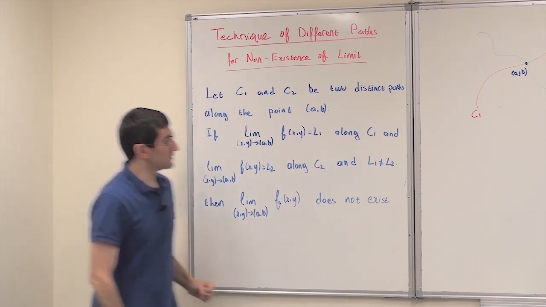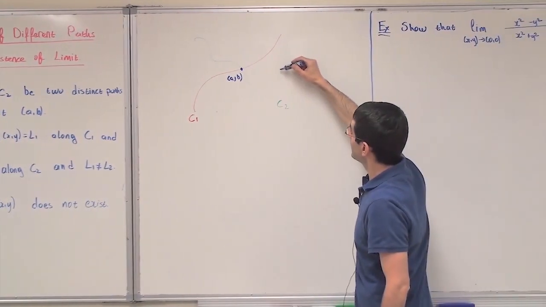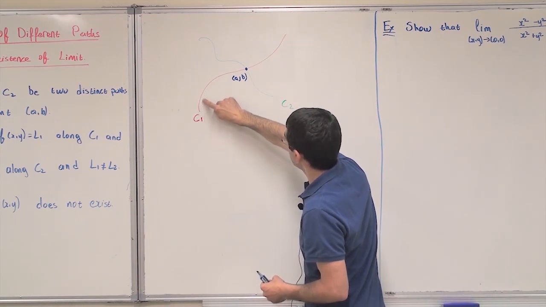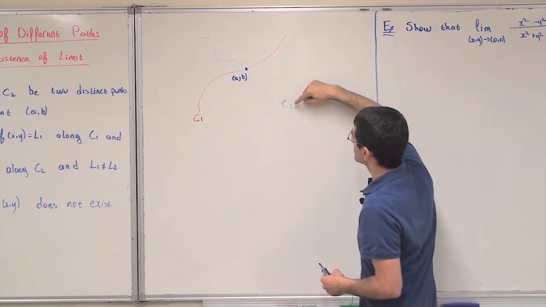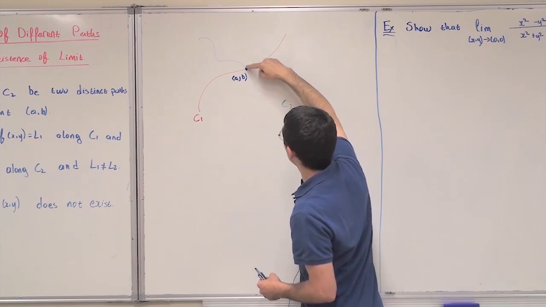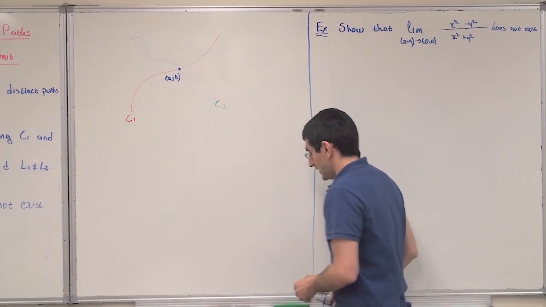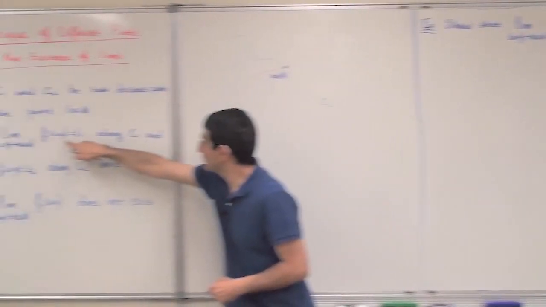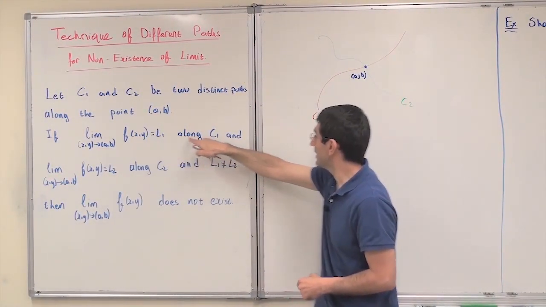Now, let me illustrate this technique on this picture. Here I took two paths, so they are curves which pass through the point (a, b). The path C1 is in red, and the path C2, which also passes through (a, b), is in green. Now our first condition is that the limit of f as x y approaches (a, b) should be equal to L1 along C1.